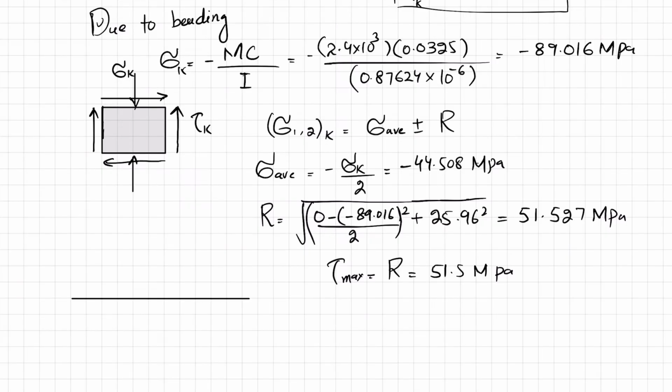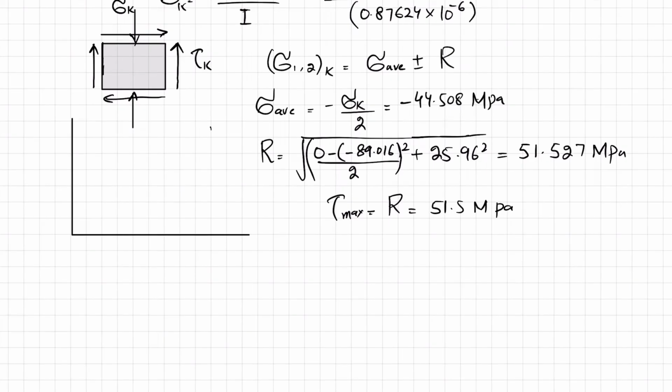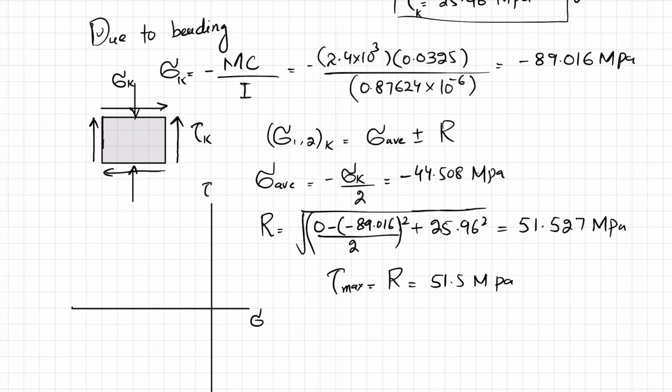So if you want to draw it on the Mohr circle, you can also draw it. I will draw it roughly. Let this be your initial axis because this is compressive. So here you will have stress, and on the y-axis you will have shear. So you can see that sigma K is minus 89 megapascal and shear stress is 25.96 megapascal.